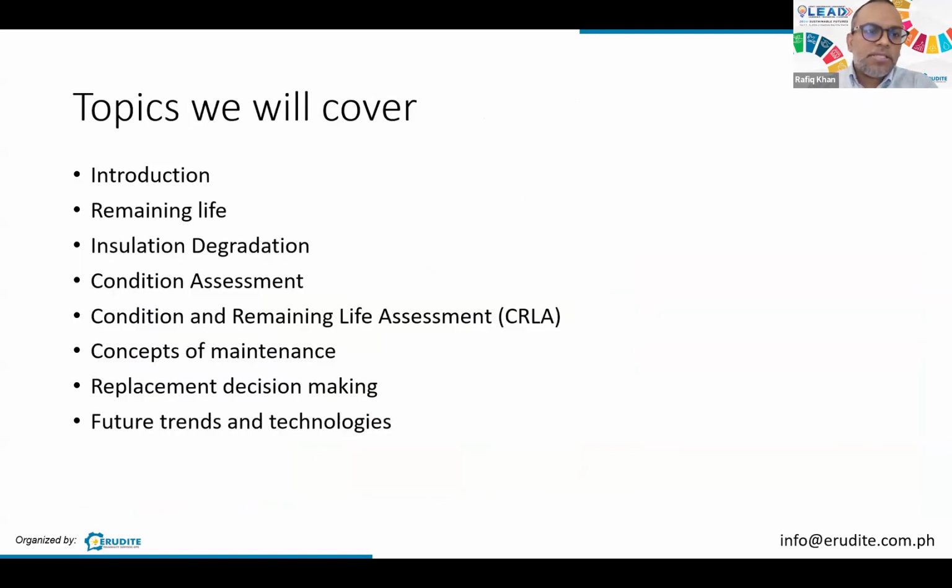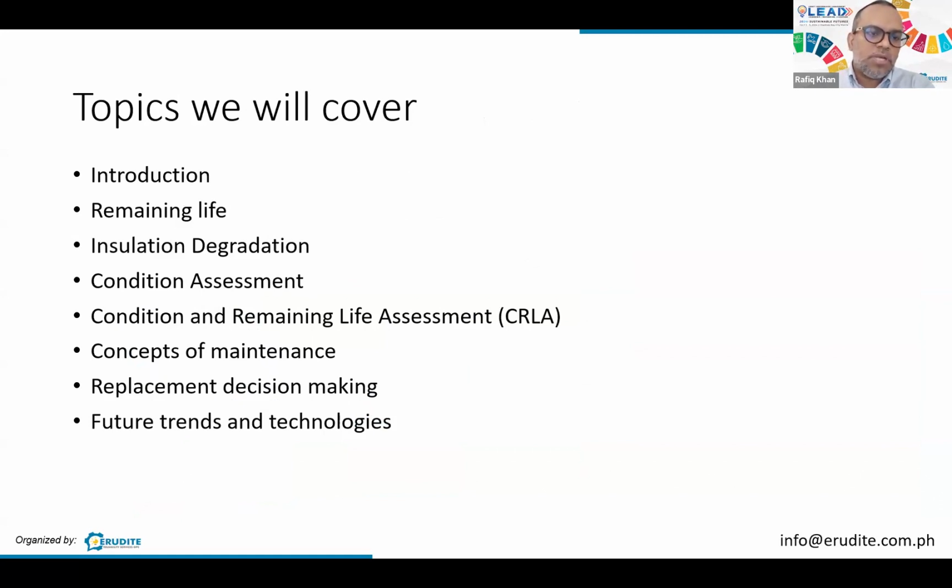So the next slide covers the topics that we will cover today. For your information, this is just an introduction of condition and remaining life assessment. It doesn't cover all the aspects, but it is meant to be an introduction, a first step for you to understanding what is condition and remaining life assessment.